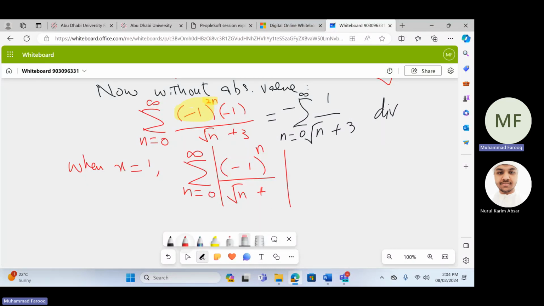The question has 3. Right, with absolute value. Now, minus 1 power n with absolute value, the answer is always positive. So 1 with power n plus 1 doesn't matter.